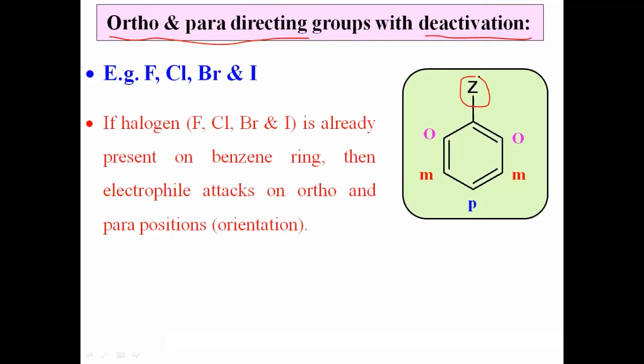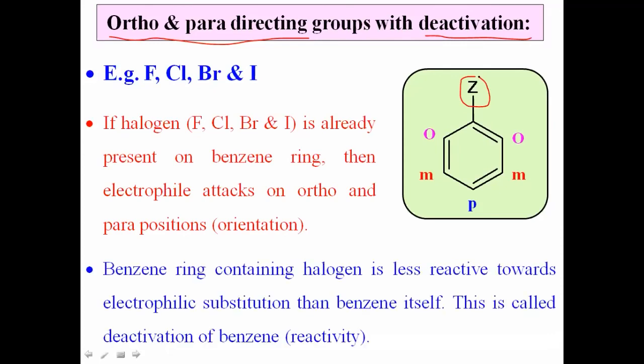Halogens are ortho and para directing, no doubt about that. But what about the reactivity? Here benzene, if it has a halogen, is less reactive towards electrophilic substitution than the original benzene itself.